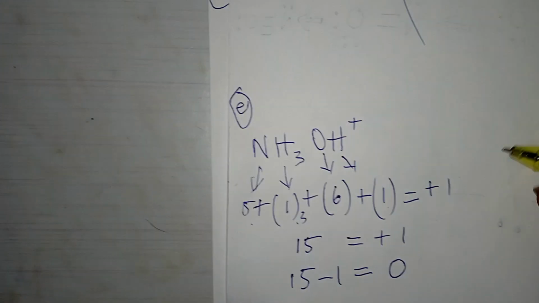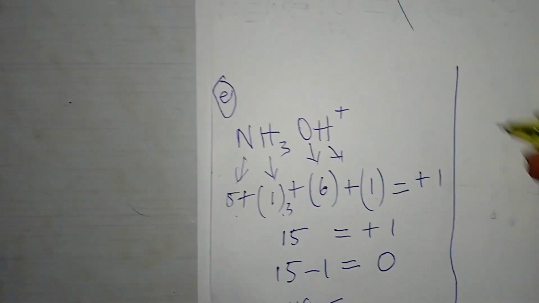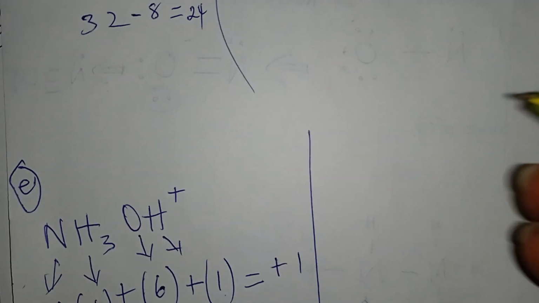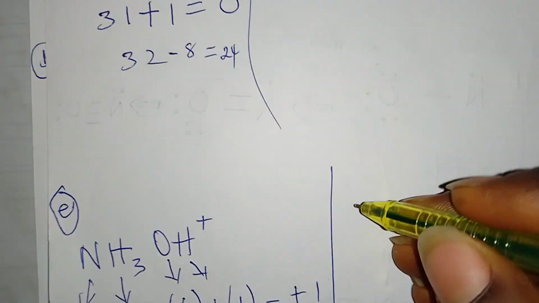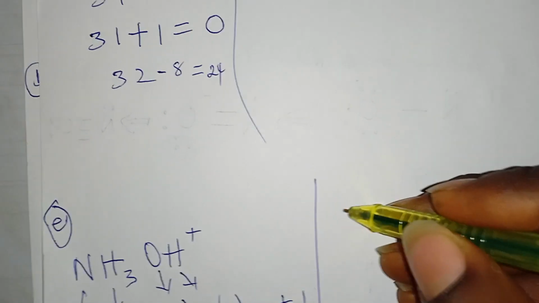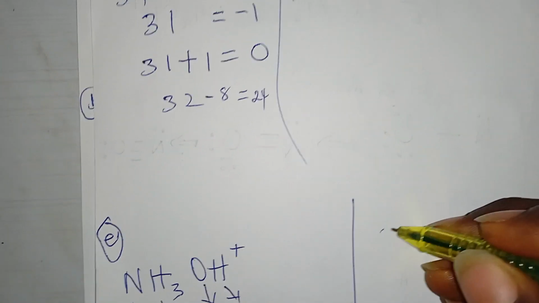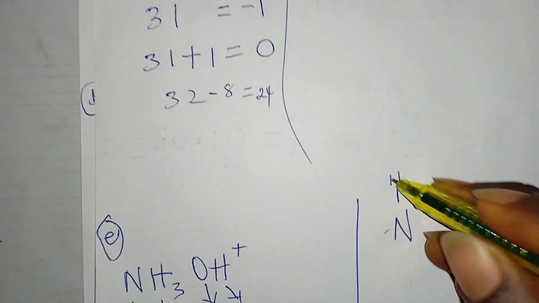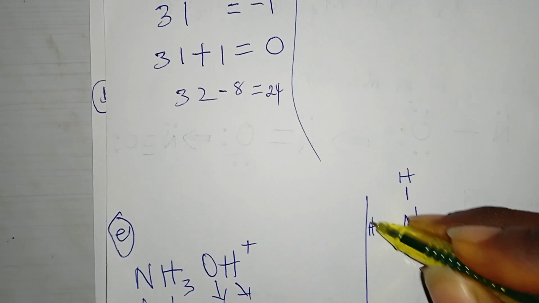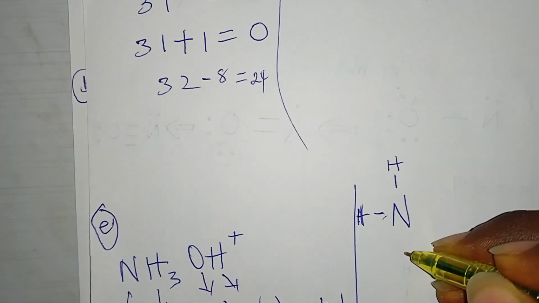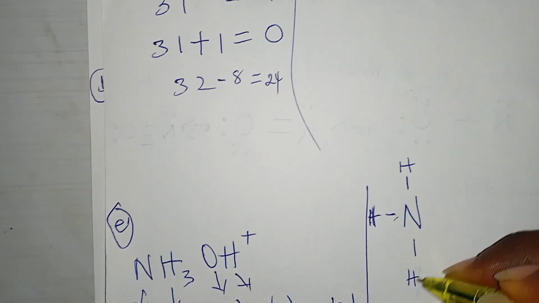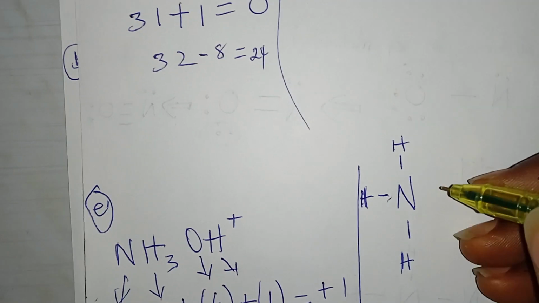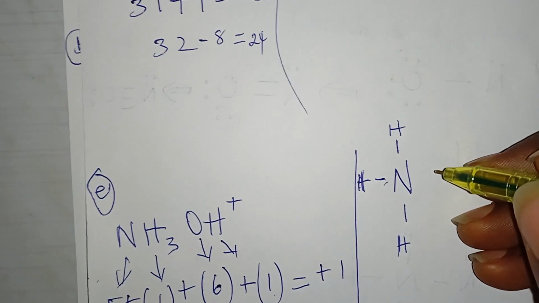So let's move to the second step where we draw the skeletal structure. I have that this is N. Once you have this N, try to see that it gets surrounded by the hydrogen, so you don't make space for hydrogen to be alone and then start attaching and move to have more than 2 electrons.